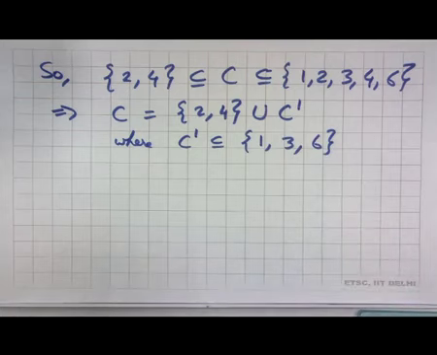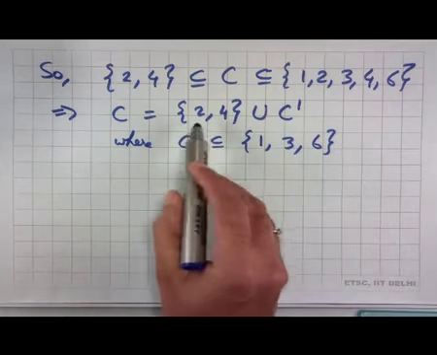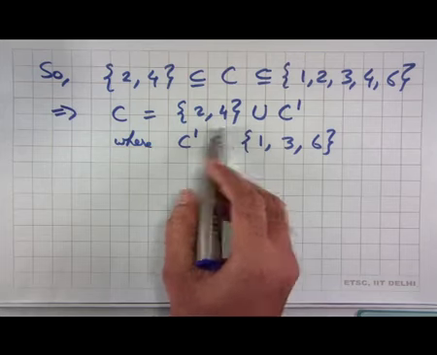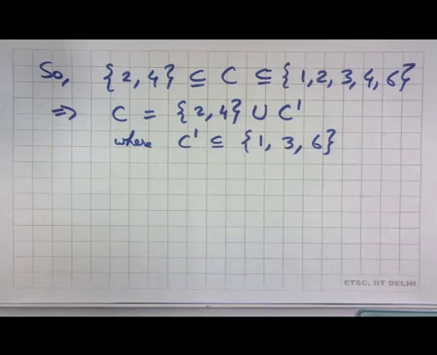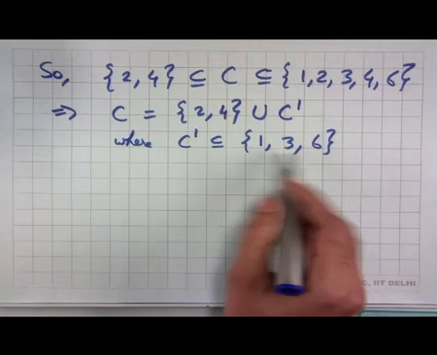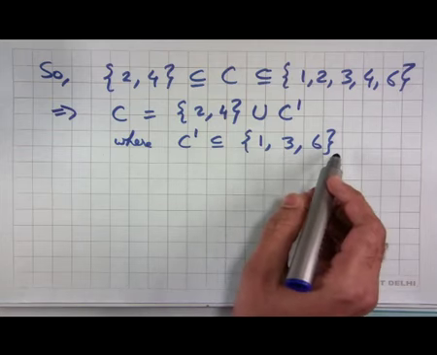So, you write C as a disjoint union of {2, 4}, which must be there, and then it can have other elements which have to be from the set {1, 3, 6}.